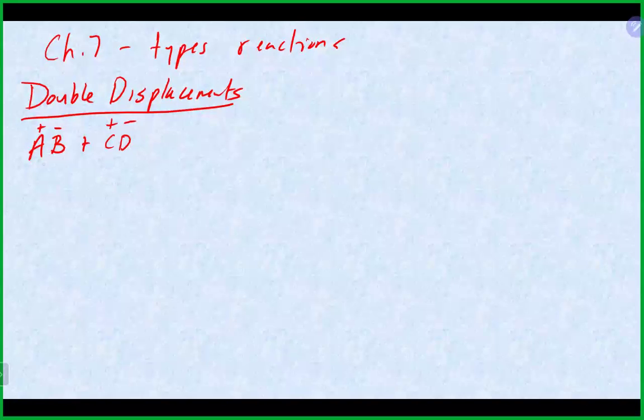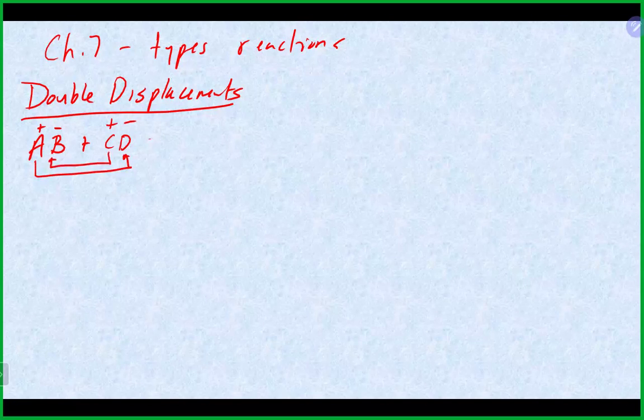Always with a double displacement reaction, we're just going to swap partners, and on the other side we will make two new ionic compounds. Double displacement reactions account for two of the three reasons why reactions in general take place.